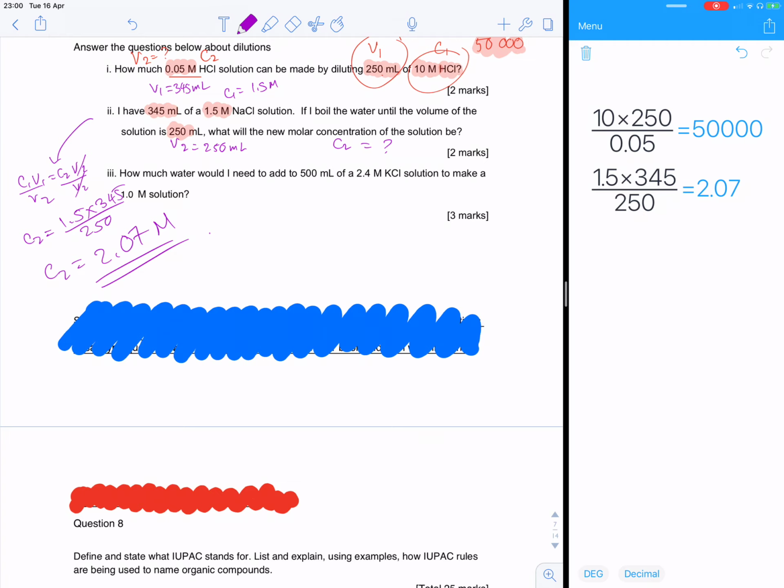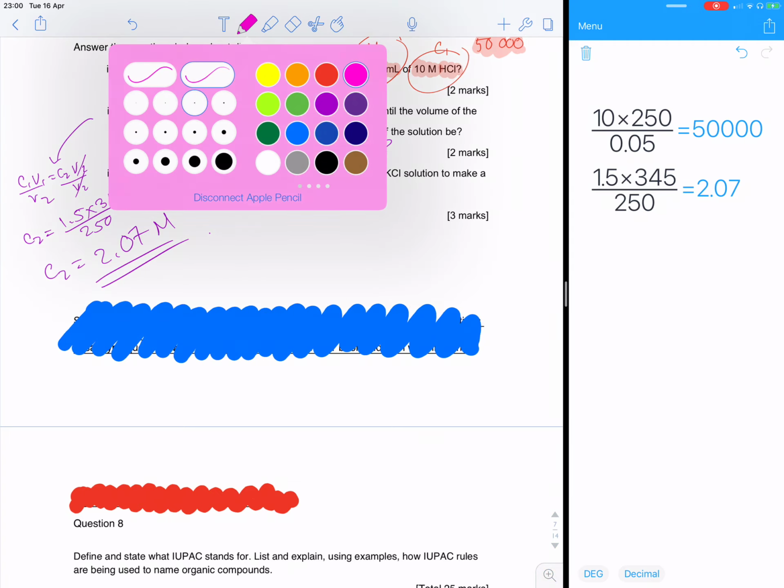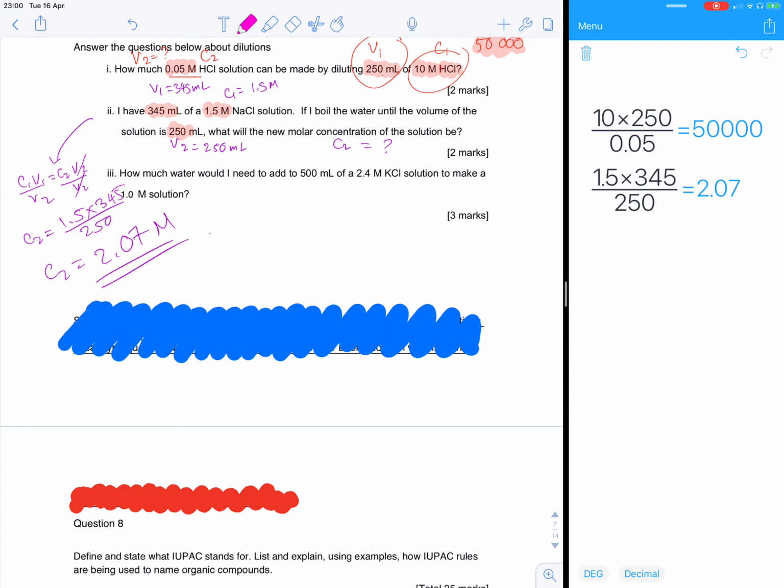Okay, then the last one. Let's do the last one. The last one says, how much water will I need to add to 500 mL of a 2.4 molar solution to make 1.0 molar? So that tells me that V1 is 500 mL, C1 equals 2.4 molar, and C2 equals 1.0 molar.